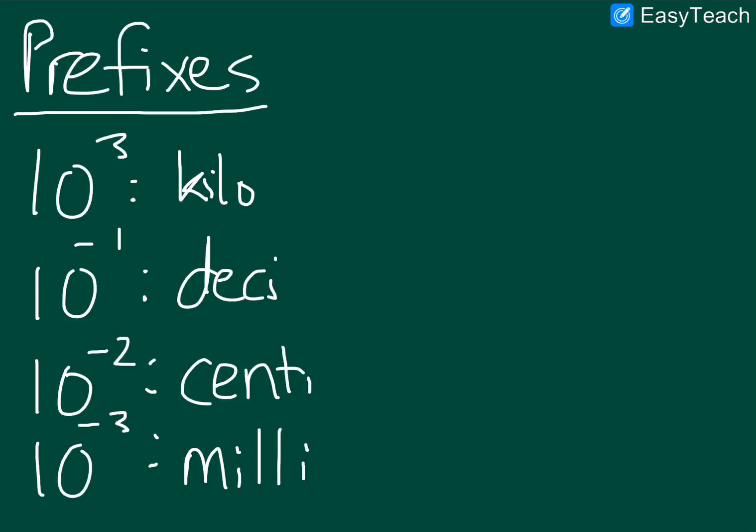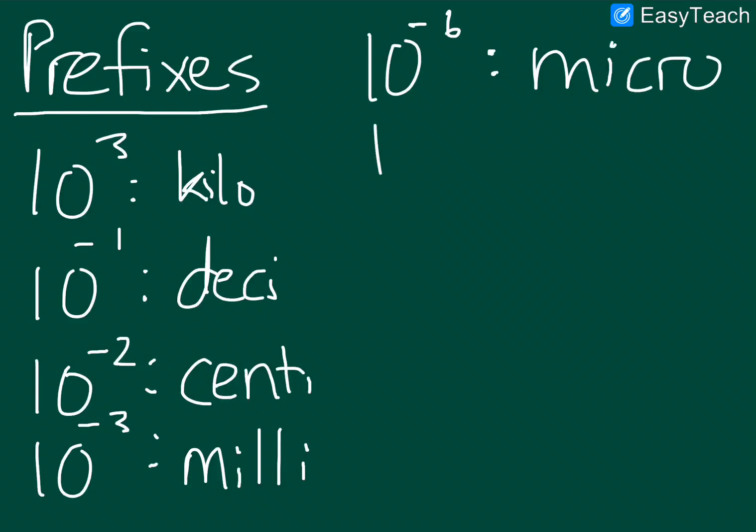Now we take jumps of 3, so we go 1,000, a million, a billion, a trillion, and so on. For now I'm only going to do two more jumps of 3. 10 to the negative 6 is a millionth of something, and that's called micro. 10 to the negative 9 is a billionth, and that's nano.